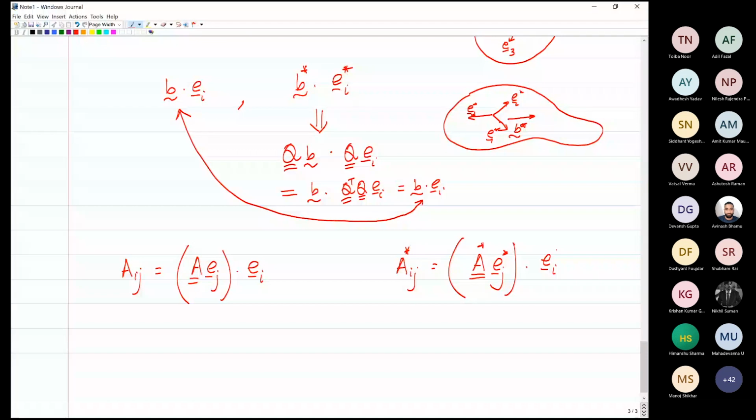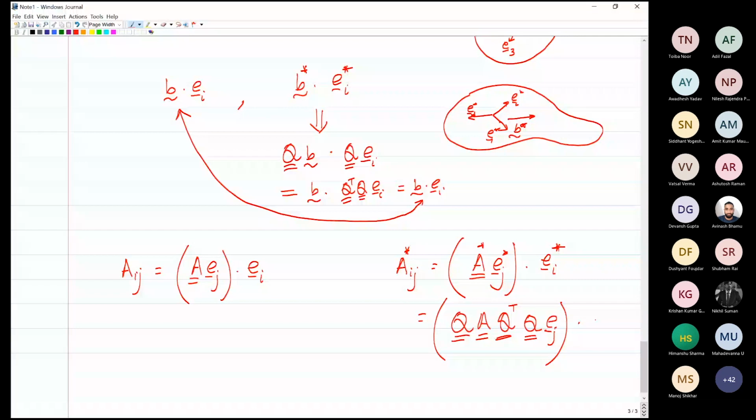If A is an objective tensor, then A star will be equal to Q A Q transpose, and Ej star is Q times Ej, dot with Ei star, which is Q times Ei. You see that these two become identity, so we have Q A Ej dot with Q Ei.